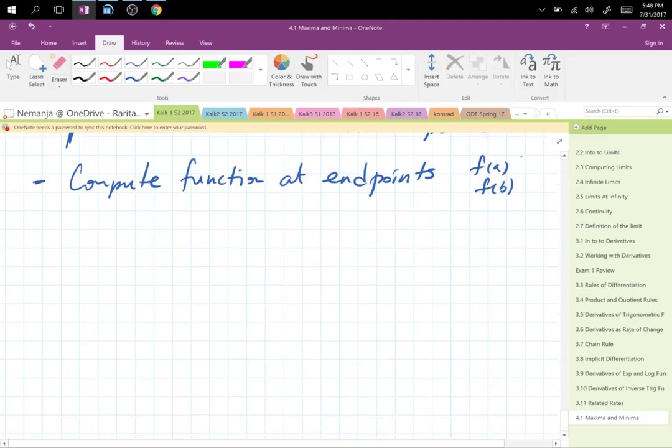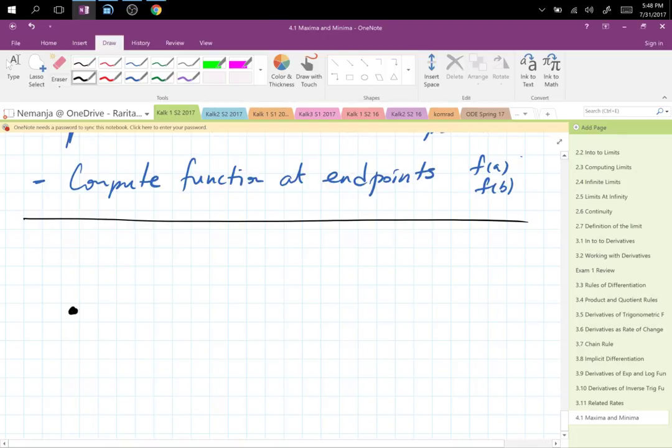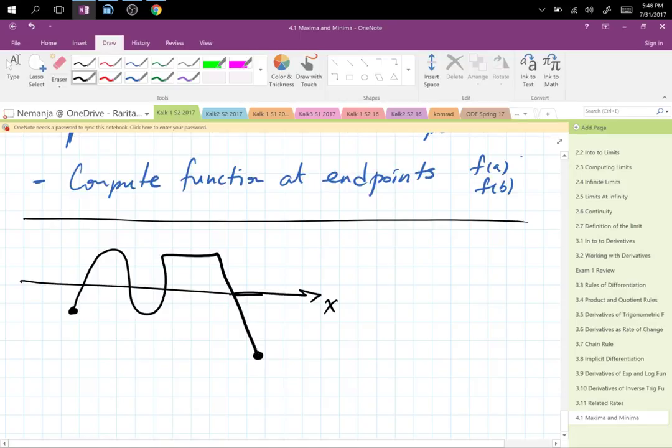So let me first make sure that you understand the concept over here. If I have a line segment, it starts somewhere and ends somewhere, and it does something. This one over here is the absolute min. And this one over here is the absolute max.